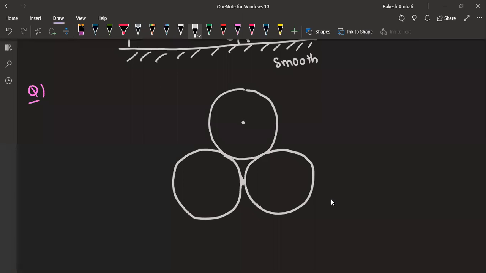And the radius of each sphere is the same.